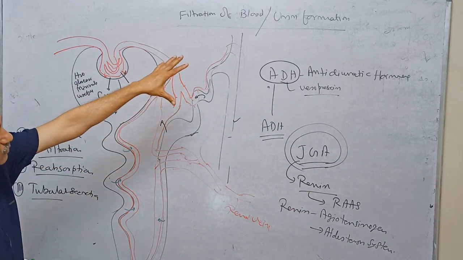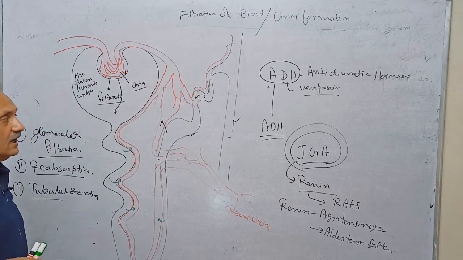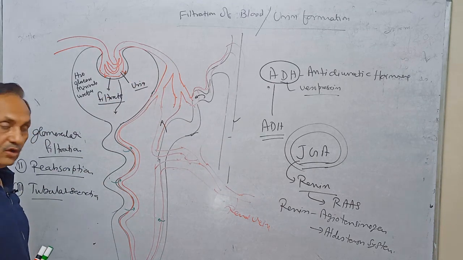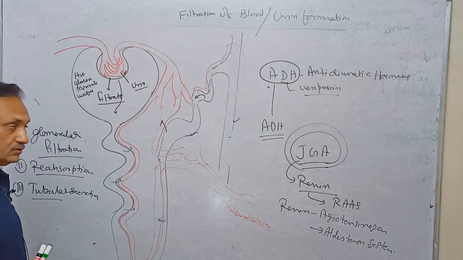So both ADH and renin are responsible for maintaining osmotic balance, so the kidney is also called an osmoregulator.